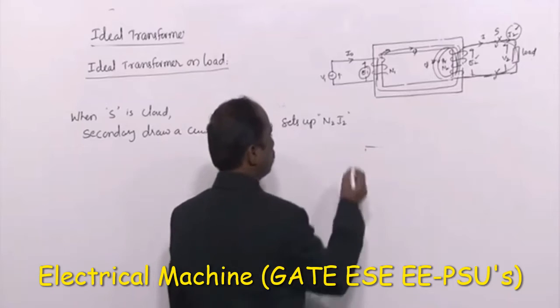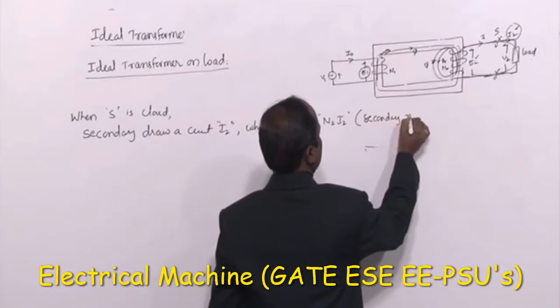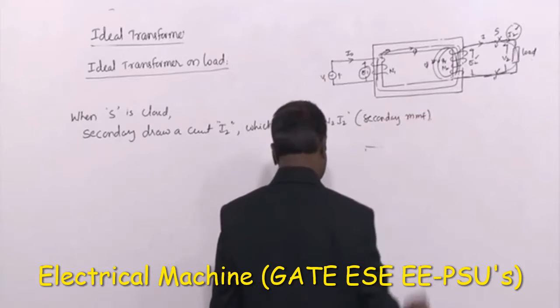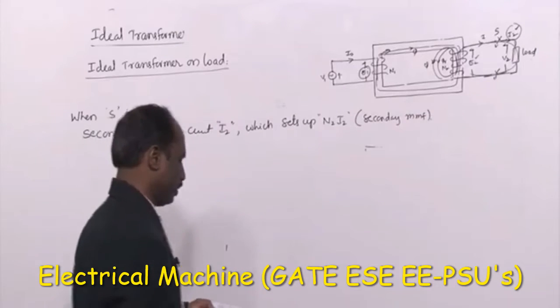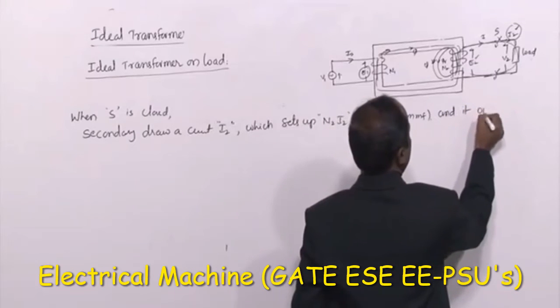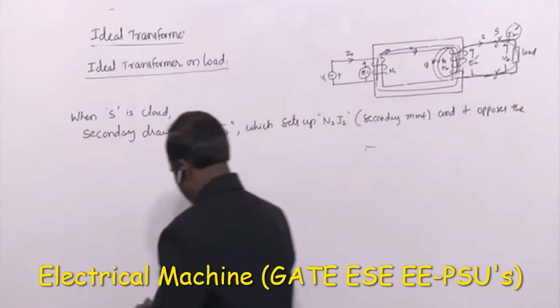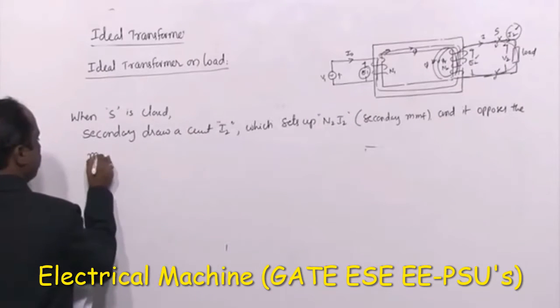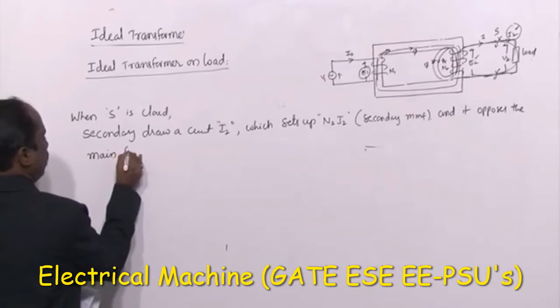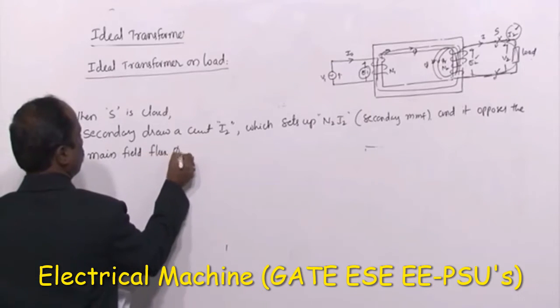N2 I2 is called the secondary MMF, and it opposes the main field flux phi m.